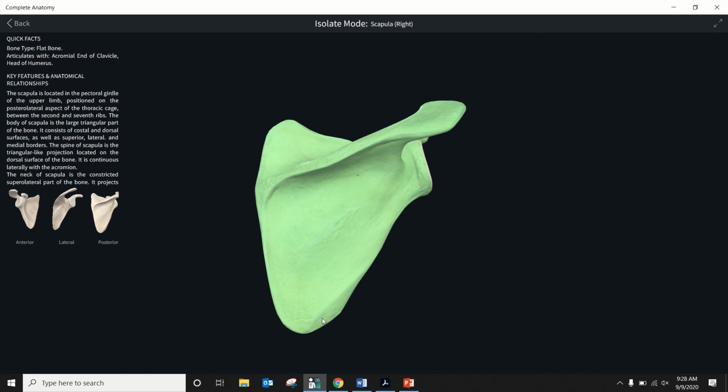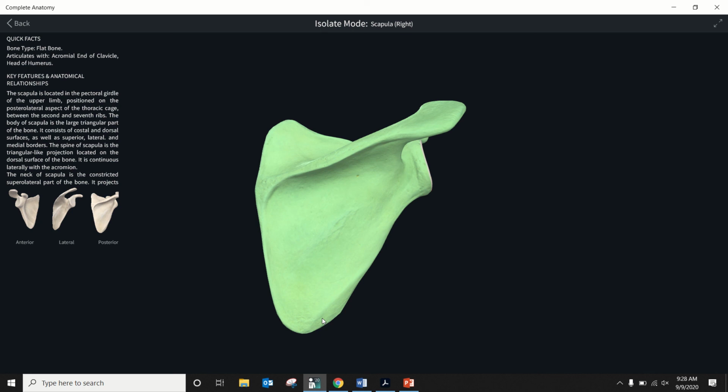The next thing is the supraspinous fossa. Supra sounds like superior, so supraspinous means above the spine. But in this case, we're not talking about your actual spinal or vertebral column. We're talking about another landmark on the scapula called the spine of the scapula.